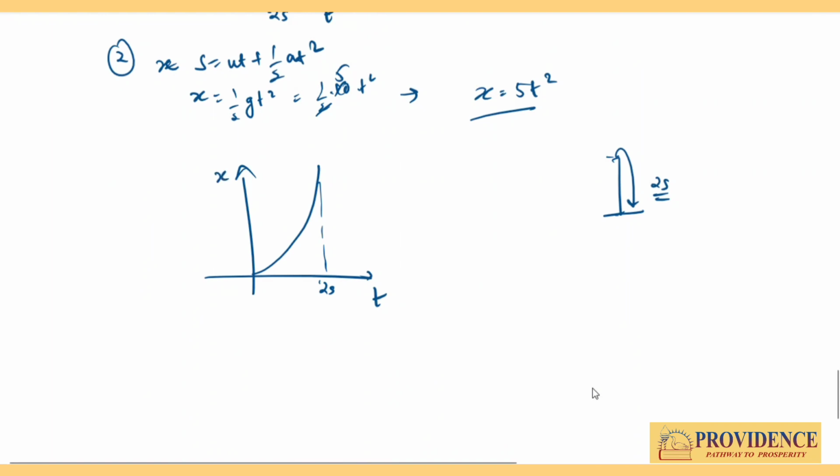This is the x versus t graph, and at t equals 2 seconds the value is 5 into 2 square, that means simply 20. And that is what it should be, because it's given that it's initially falling from a height of 20 meters, so after 2 seconds it should have covered 20 meters.